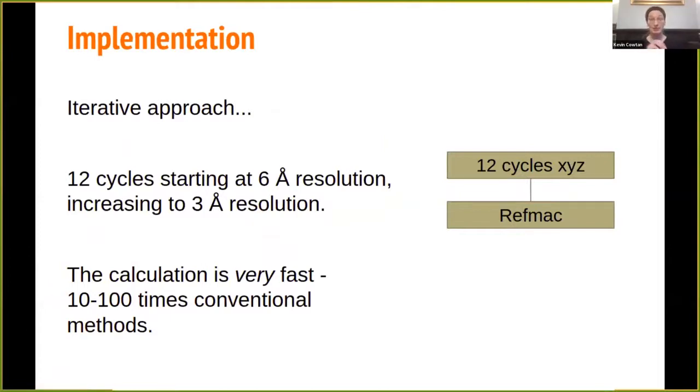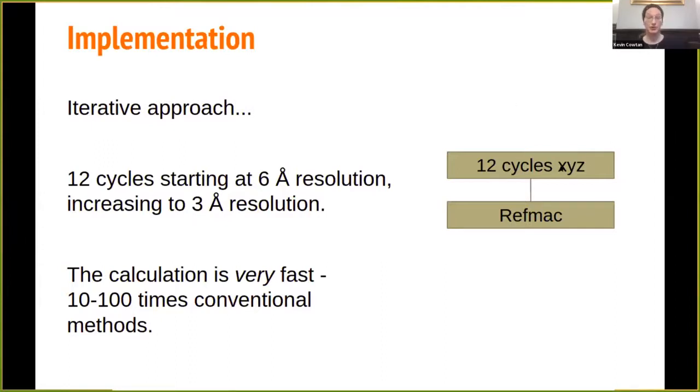So we implemented this in an iterative approach, and it's kind of ad hoc. We ended up using 12 cycles of this shift field refinement, we call it, starting at 6 angstroms resolution and increasing gradually to 3 angstroms resolution. We don't go higher because that's a task for traditional refinement methods.